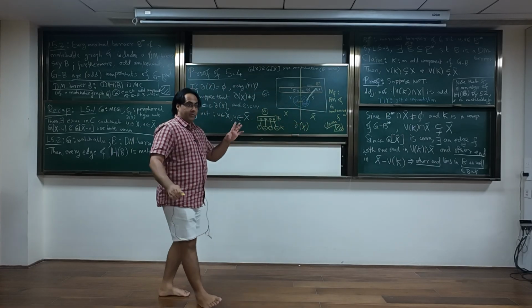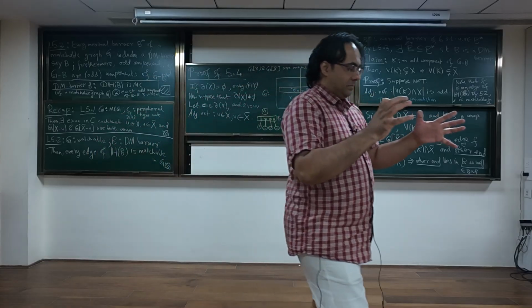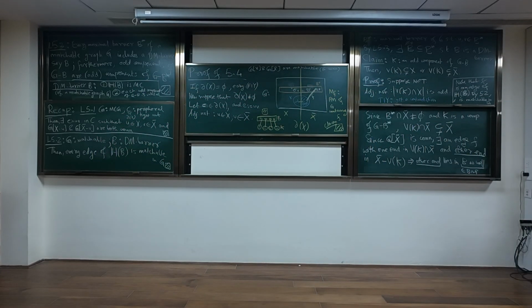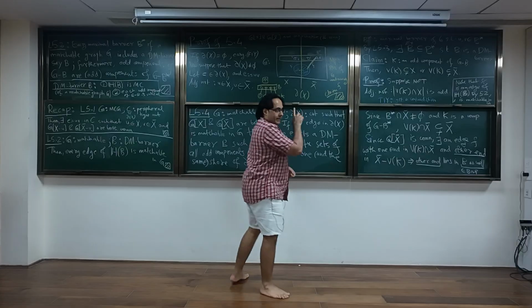The claim has been proved. Every odd component of G minus B either lies in X or it lies in X bar.